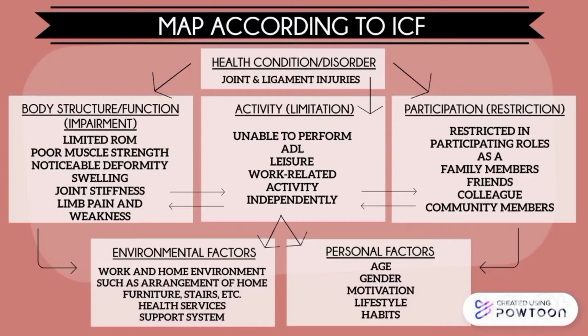Also, the patient will feel restricted in participating in the role as a family member, friend, colleague, and also community member. These factors can also affect the prognosis of the injury, such as environmental factors like work and home environment, health services and support system, also personal factors like age, gender, motivation, lifestyle, and habits.